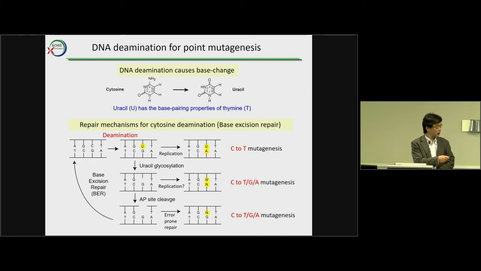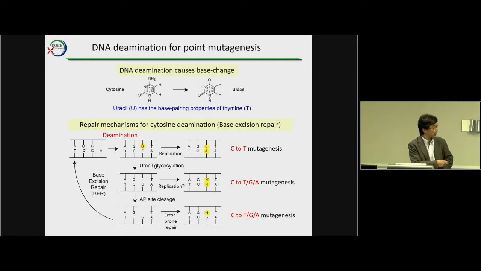But of course, life tries to repair these mutations by the so-called base excision repair system. First of all, uracil glycosylase removes this U, then AP site cleavage happens and creates a nick, and this is repaired to the original base.